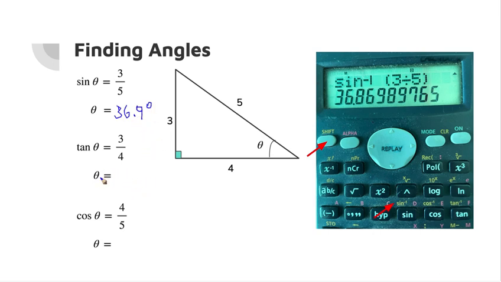Alright, now the angle when you use tangent should also be equal to 36.9 degrees. It's the same angle, right? Using different ratio, but it gives us the same angle.